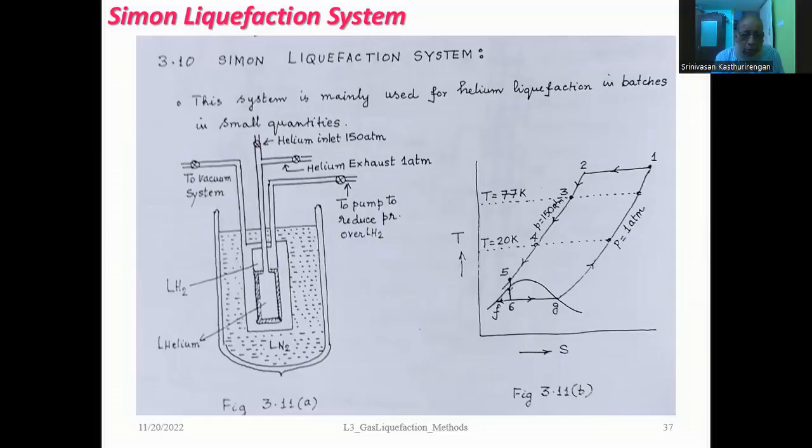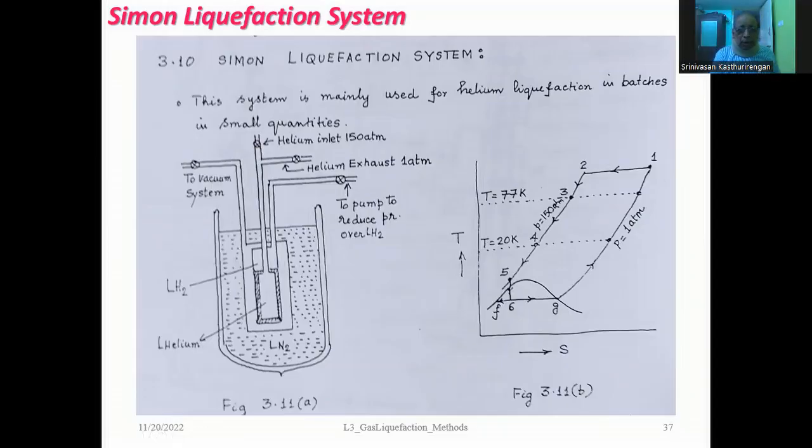Now the temperature of the helium inside this inner vessel is 20 Kelvin, the liquid hydrogen temperature, and it is at a pressure of approximately 150 to 200 bar. Now the inlet line is closed and suddenly the outlet line is opened for the helium section.